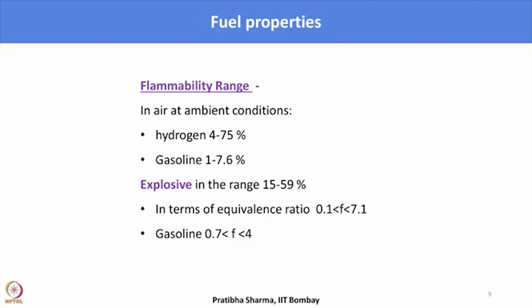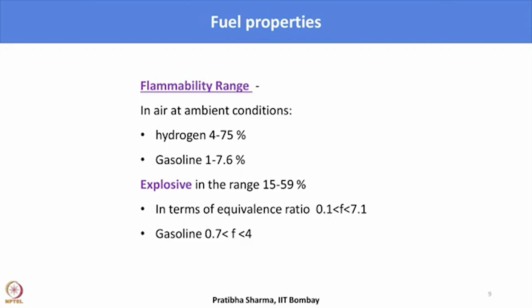For explosion, containment is required. So, when a combustible mixture is contained and within the explosive limit and ignited, then temperatures and pressures increase in such a manner that they become sufficient to violently release from the confinement, leading to explosion. For hydrogen, this explosive range is from 15 to 59%.